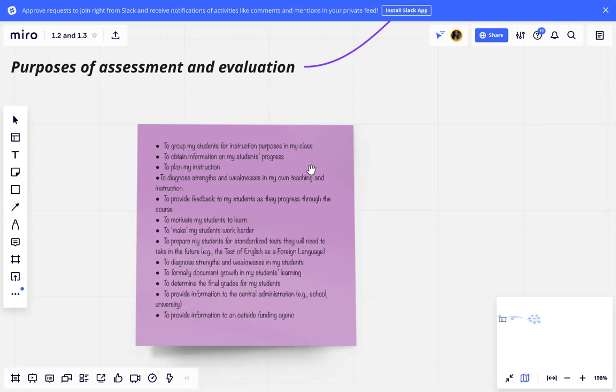The purpose of our assessment influences the frequency and timing. We need to take into account the time in order to establish our purposes for assessment.